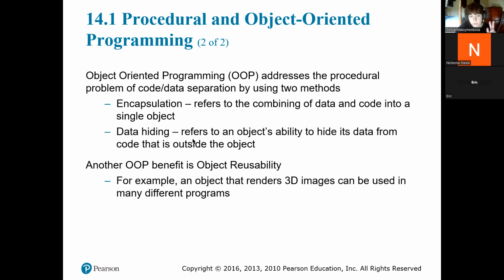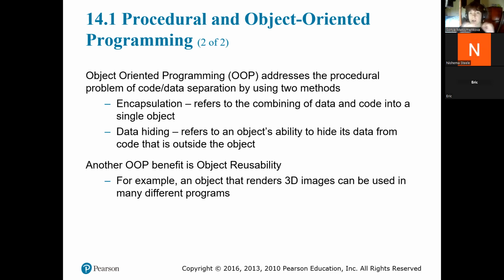Now, two things that we need to know. First one is encapsulation. Encapsulation just means that we are combining our data and our code into a single object. What that means is we're taking our variables and our methods and combining them and assigning them all to one single object.